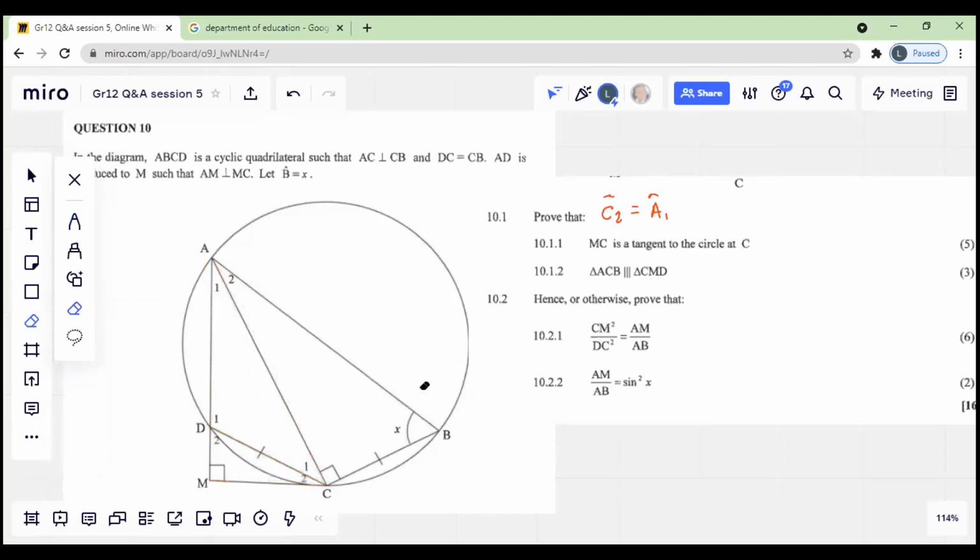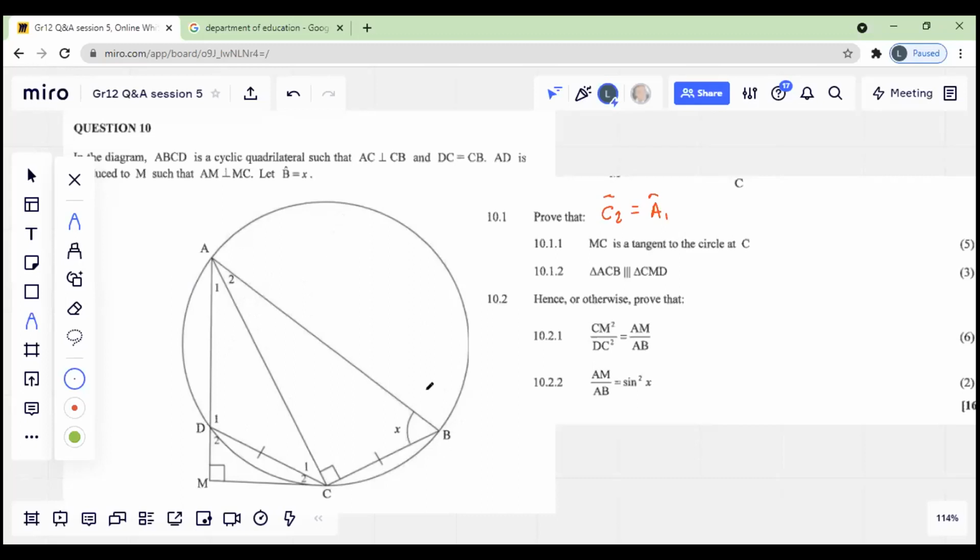So let's have a look at the information that we've got and see what we can work with. First of all, is there any way of us being able to work out how big A1 is? Something that we don't often see, but it does come up every now and again: can you see chord DC and chord CB are equal to one another? So what that means is that equal chords subtend equal angles.